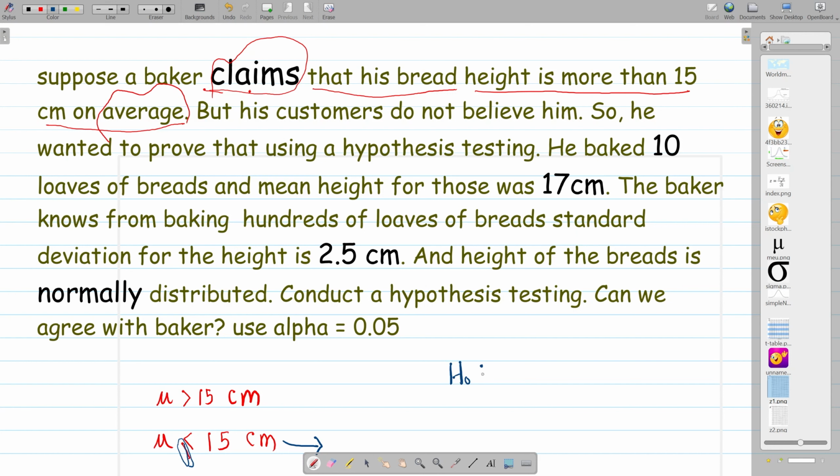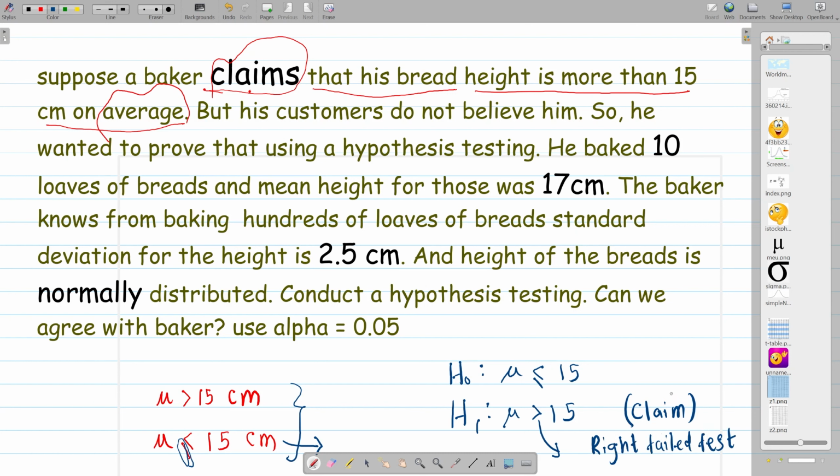Then we should identify the null and alternative hypothesis between these two. So, because the equal sign is included in this statement, that goes to the null hypothesis. Okay, write down null and alternative hypothesis. Now, this is our claim. Since our alternative hypothesis contains greater than symbol, this test is a right-tailed test.